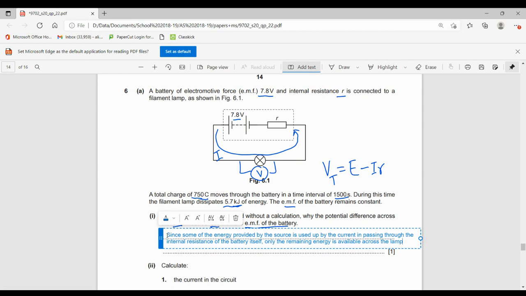So that is why the lamp will never get the same energy as being produced. It will always get an amount lesser than that.